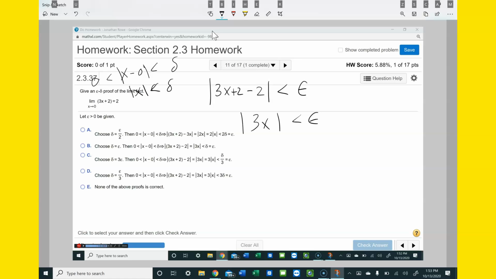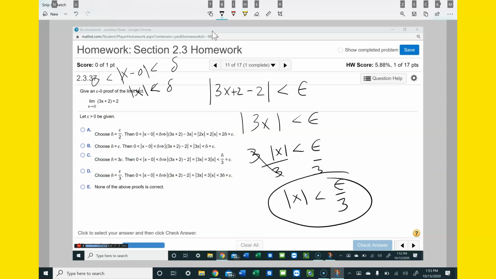And watch what's going to happen here. If I factor out a 3, then divide by 3, notice this is the absolute value of x is less than something, and this is the absolute value of x is less than something. So that means we can take the delta and say therefore there is a delta related to epsilon.